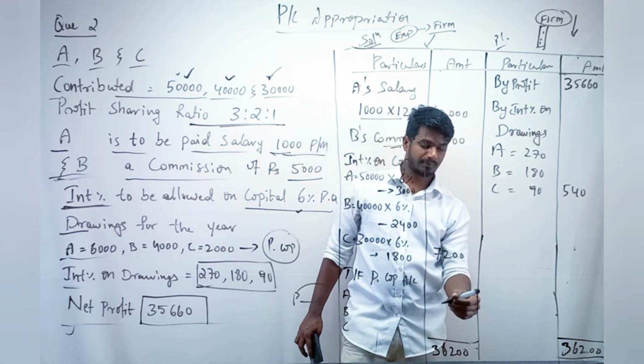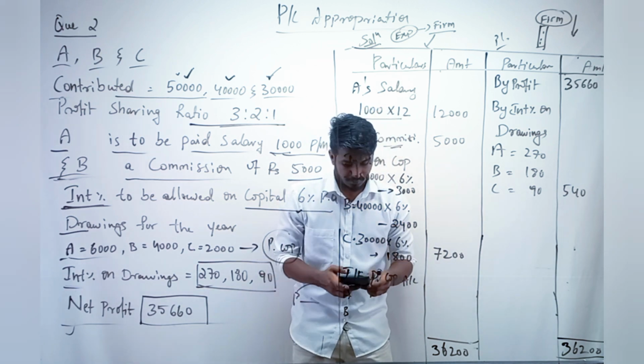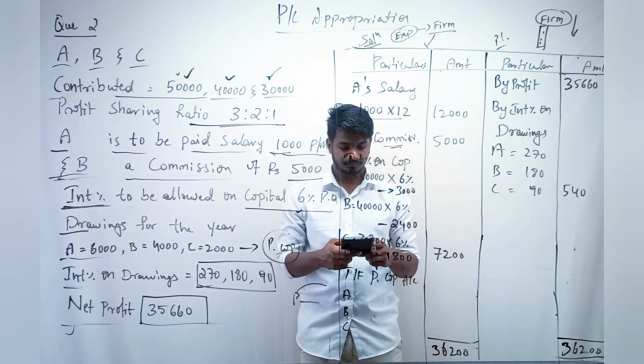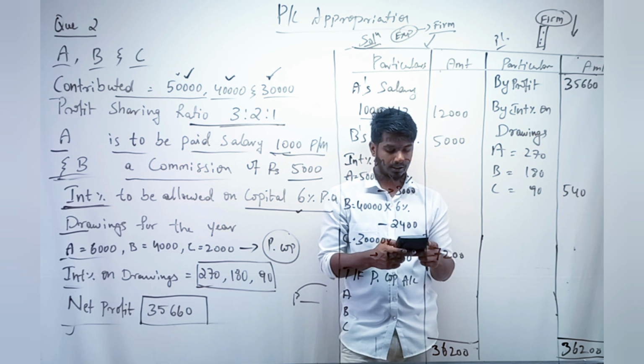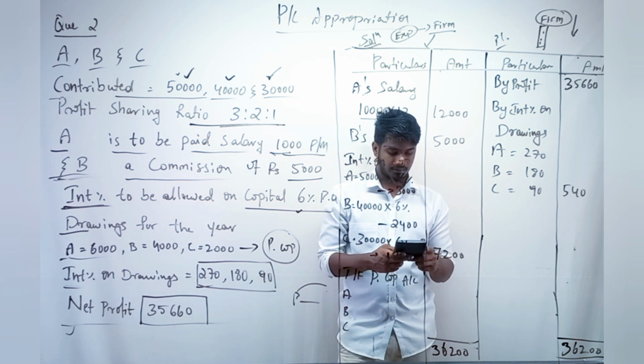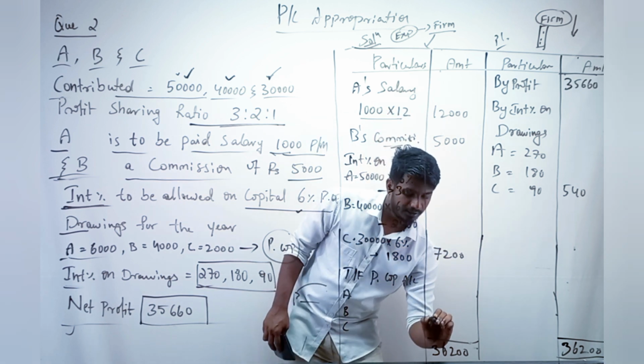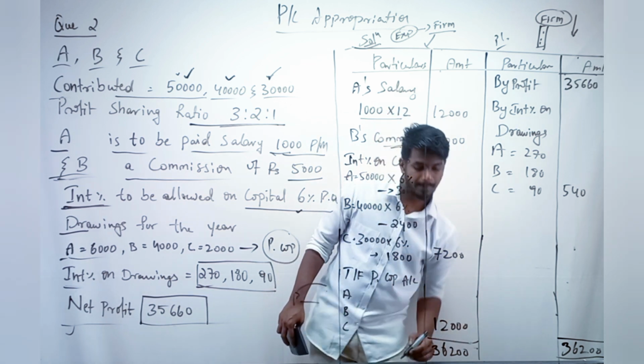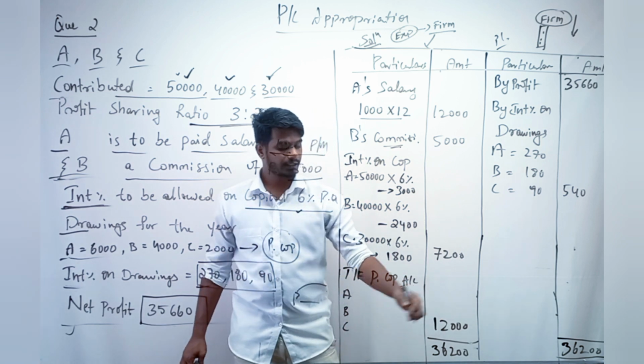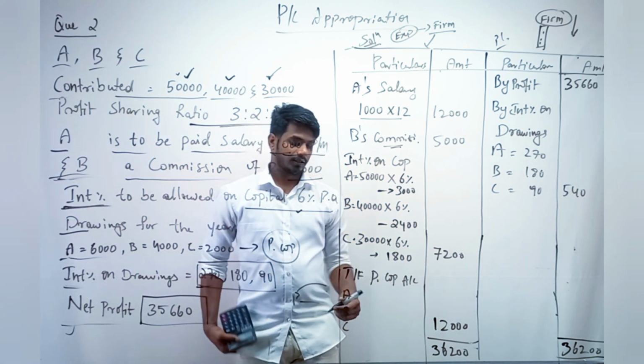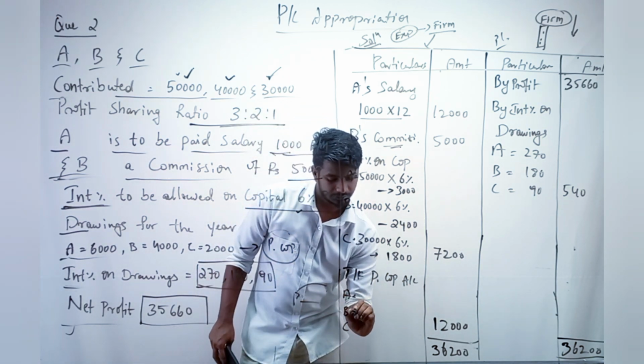What is the remaining balance? Minus 12,000 and 7,200, the remaining balance is 12,000. We will share this 12,000 among the partners.